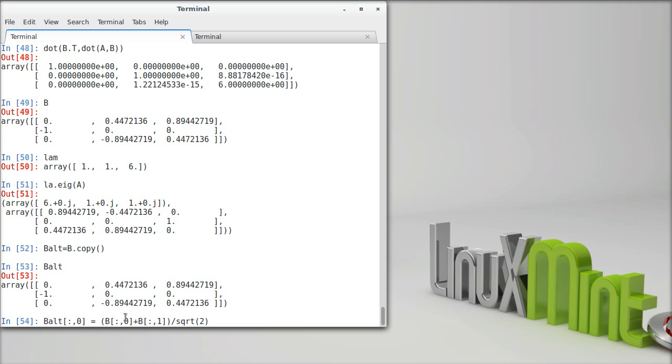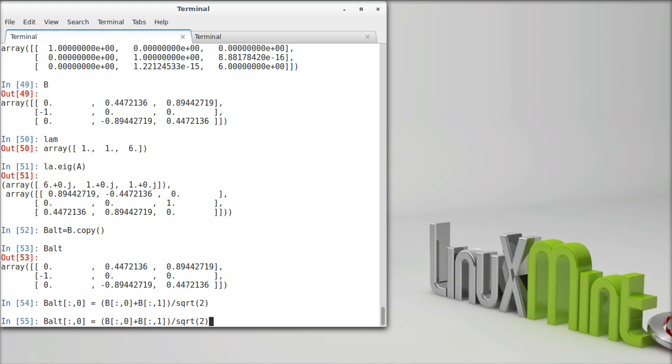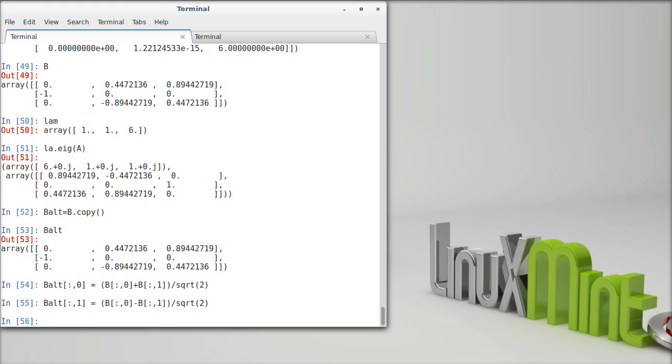This is the first vector, and this is the second vector associated with the eigenvalue 1. So let's sum them, and we want to normalize it, so we divide by the square root of 2. So this is like v1 plus v2 divided by the square root of 2. And let's let the other one be the orthogonal version of that, v1 minus v2 divided by the square root of 2.